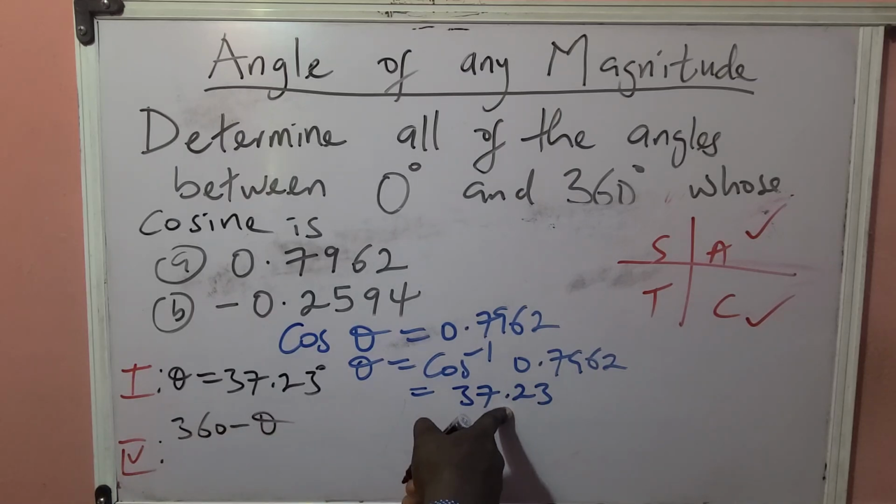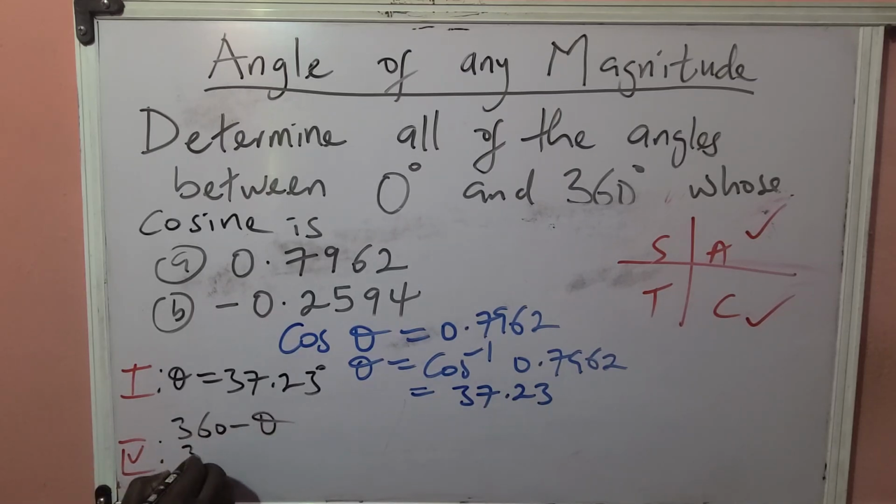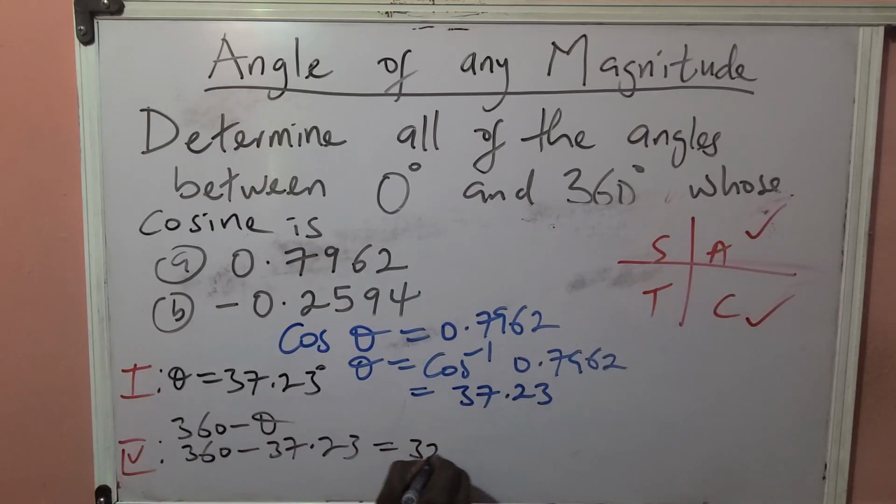Don't forget, this is the theta value we'll be using. So we'll be having 360 minus 37.23. You go on to do 360 minus that value, you'll be getting 322.77.